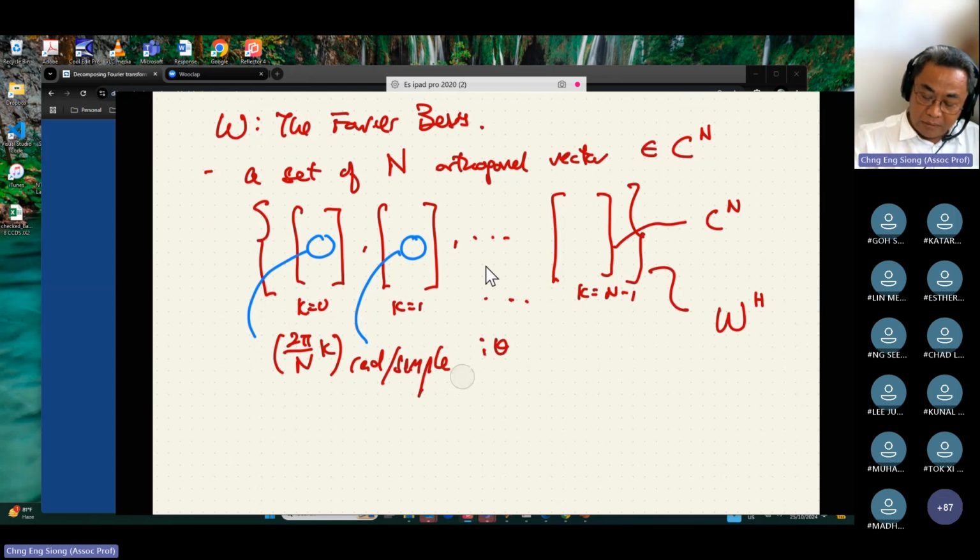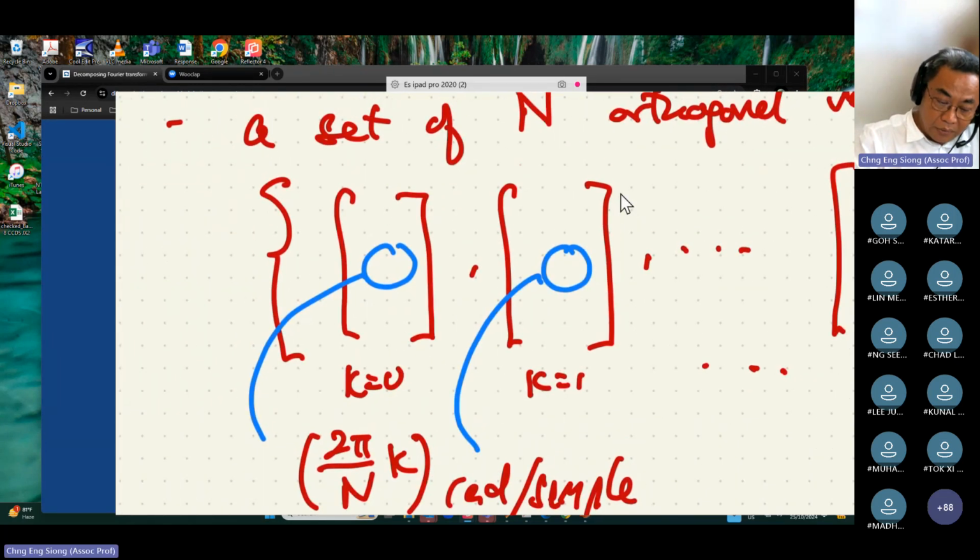Now, I'm going to give you the equation and then we interpret, okay? First, these column vectors have N elements. Therefore, if I expand this for you, I should be thinking of n going from 0 to N minus 1 here.